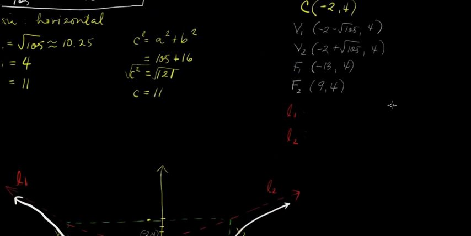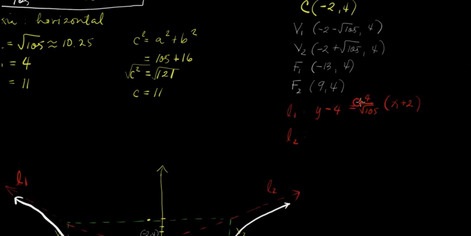So, B over A. That's the slope. So line 1 is y minus k. This is your h, and this is your k. k is 4, so y minus 4 equals negative B over A, so 4 over square root of 105, times x minus h. So it's negative 2, that will become plus 2. And then for line number 2, sorry, this is line number 2 pala.